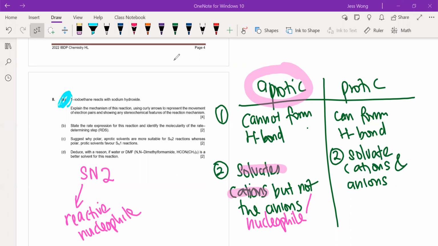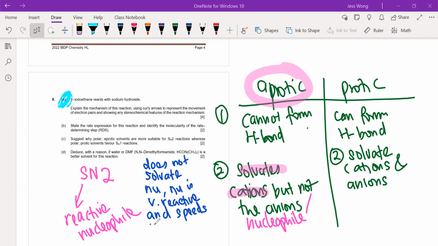So the first thing we can see is that it does not solvate the nucleophile, and therefore the nucleophile is very reactive and speeds up the SN2 reaction. That is the first point.